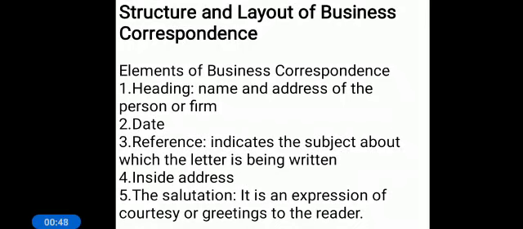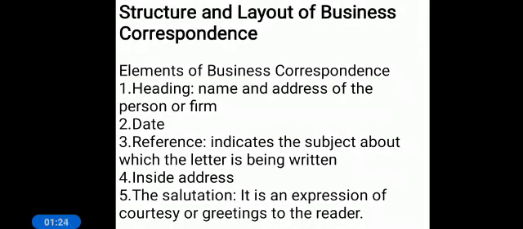letter. Okay, so first one is heading. Heading of the letter includes the name and address of the person or firm writing the letter. In addition to name and address, we can add the telephone number of our business firm, then address and nature of business.